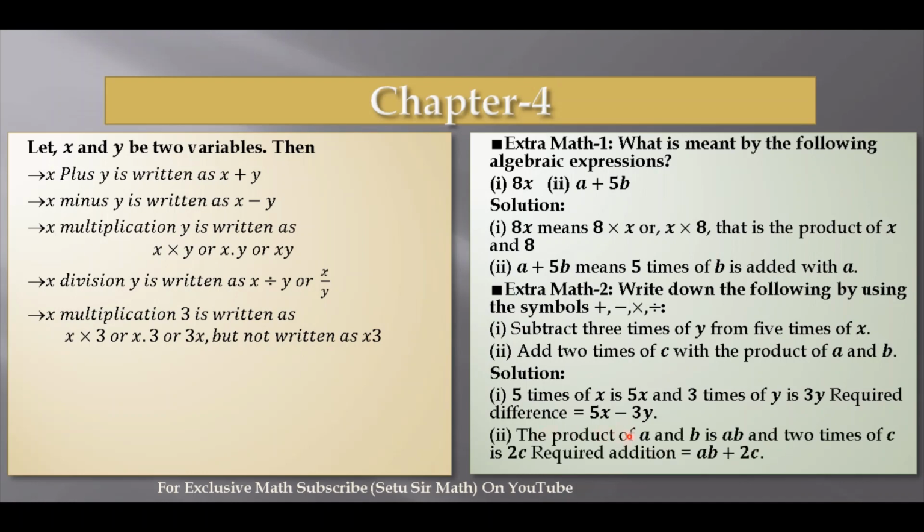Next, the product of a and b is ab, and 2 times of c is 2c. Required addition, that means you can see the product means multiplication, times means multiplication, so you can use product, you can use times, there is no problem in here. Only linguistic difference.